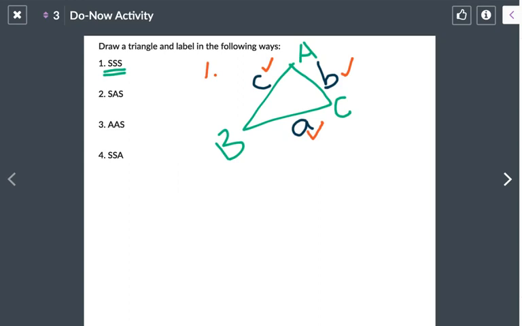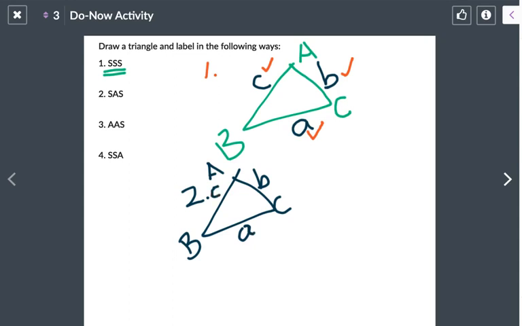Let's go to number 2. A stands for the angle, so side, angle, side. So I have another triangle like here's A, B, C. And we already know its sides will be here's A, this is B, and this is C. Side, angle, side.